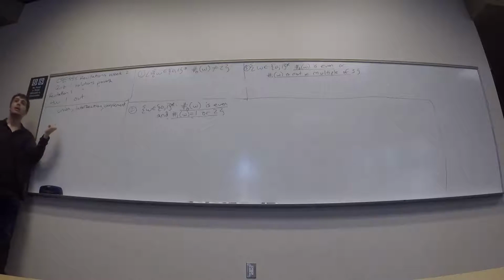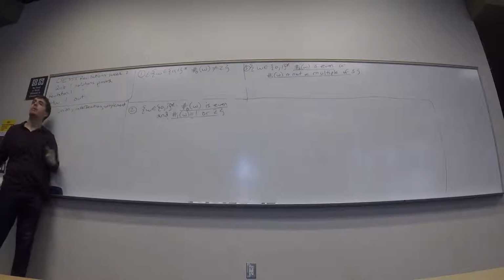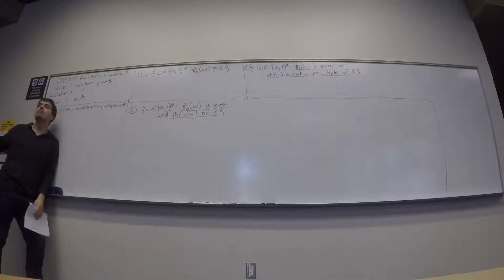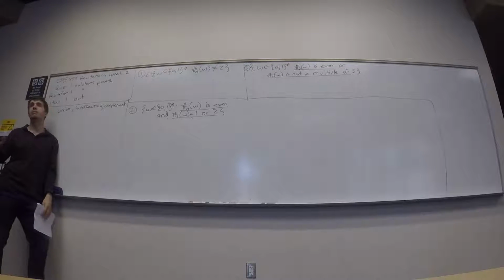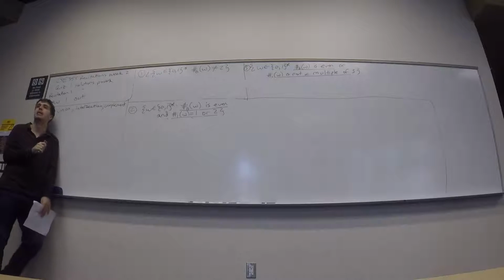So what does that mean? It means that if I have 2 regular languages and I put them together either with union or intersection, I still get a regular language. What about complement? If I take any regular language, find the complement of that language, so everything in sigma star that's not in that language, that's also regular.